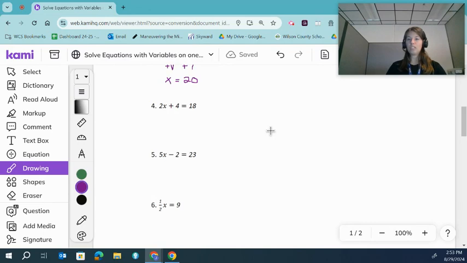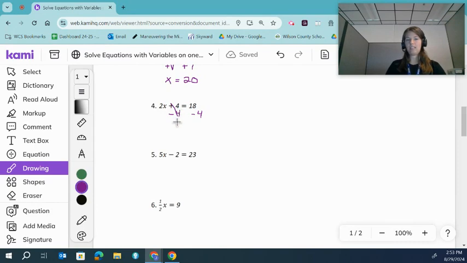Okay, two-step equations, okay? We're going to do addition and subtraction first, then we'll do multiplication and division because I want to get the variable by itself on one side first. So I subtract 4 from both sides. Again, I'm subtracting the 4, not the 18, because I want x to be by itself.